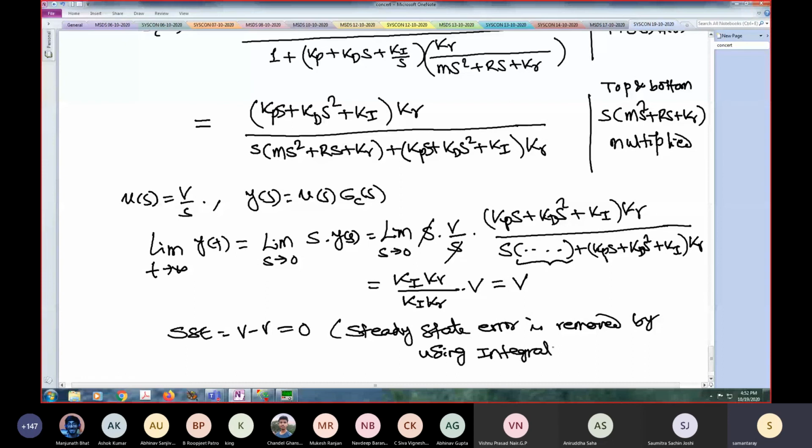It's not due to Kd, it's because of the integral gain Ki. So this integral gain has removed the steady state error. It introduced a Ki by S, and that S has gone and multiplied with the rest of the things, which has removed everything else. So in the final formula, none of the system parameters are relevant. What is the value of mass, resistance, Kr, those are irrelevant. The entire dynamics of the system is rejected. This is what is called robustness. So PID is a robust control.